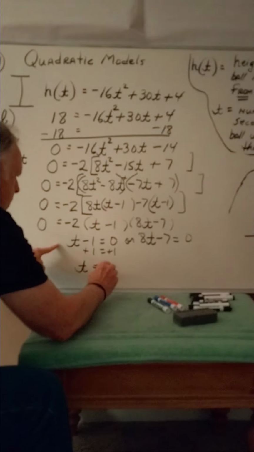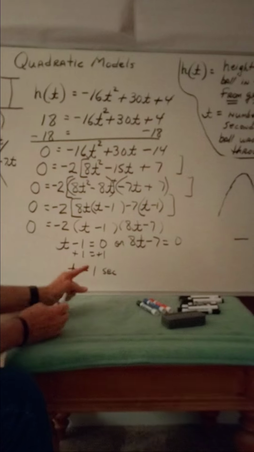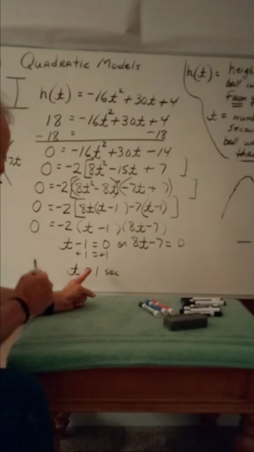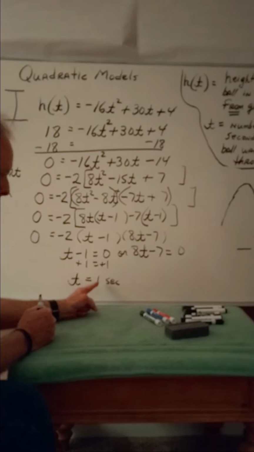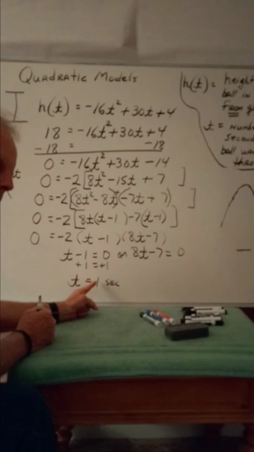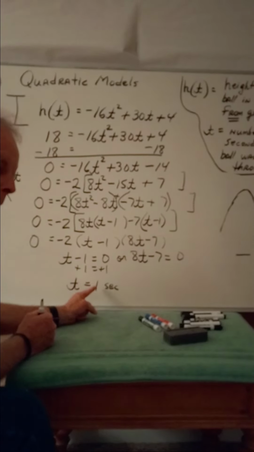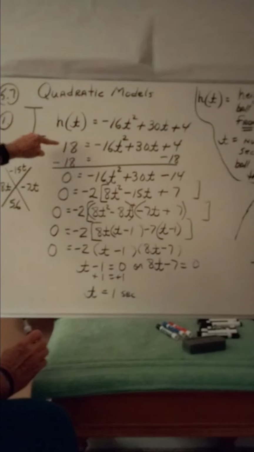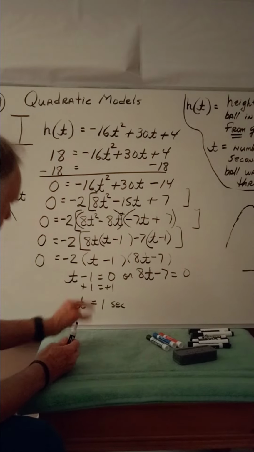t is equal to 1 second. So that is telling us, number one, that after the ball was immediately thrown by the Little League baseball player, after 1 second, that's not very long, that ball is going to be 18 feet off the ground in 1 second.